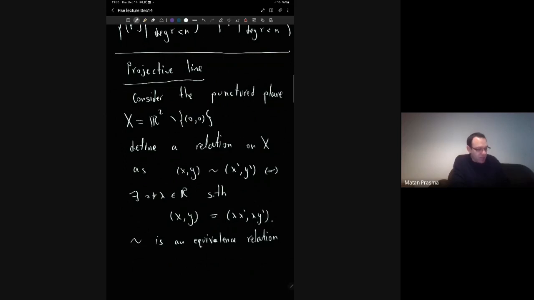And the way to see it, first, reflexivity. Of course, you take lambda equal to 1, then x comma y is equivalent to x comma y.